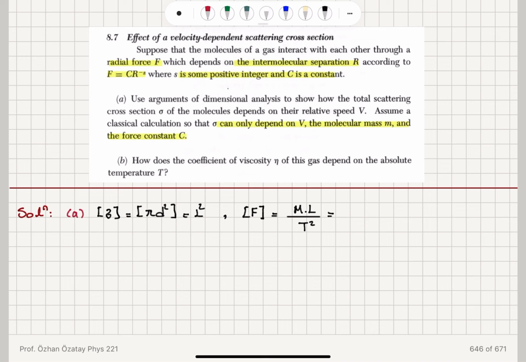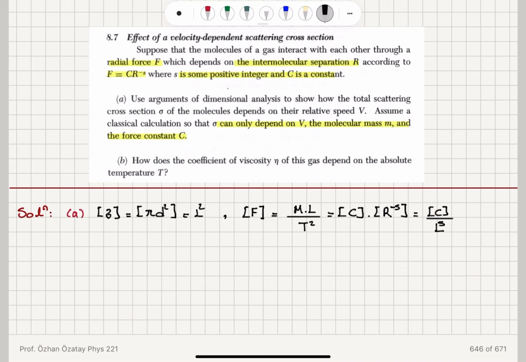force that develops, the radial force between the gas molecules, is the dimension of the coefficient C multiplied by the dimension of the radial distance r to the power minus s. So this is basically the dimension of C divided by the length to the power s.